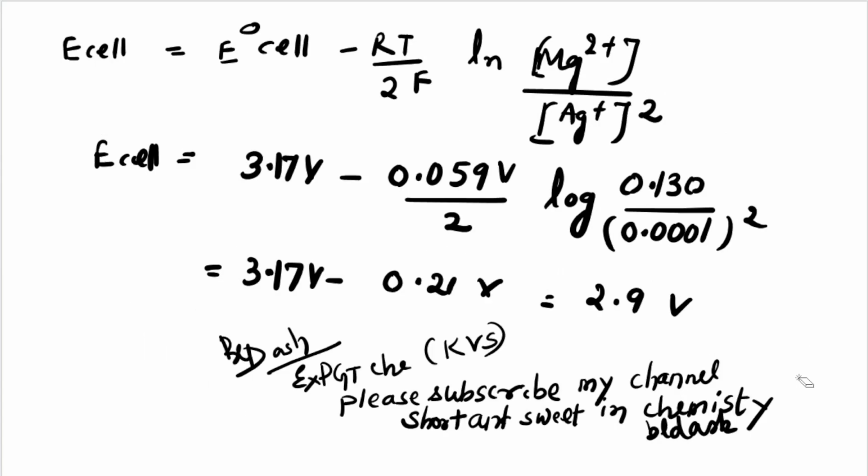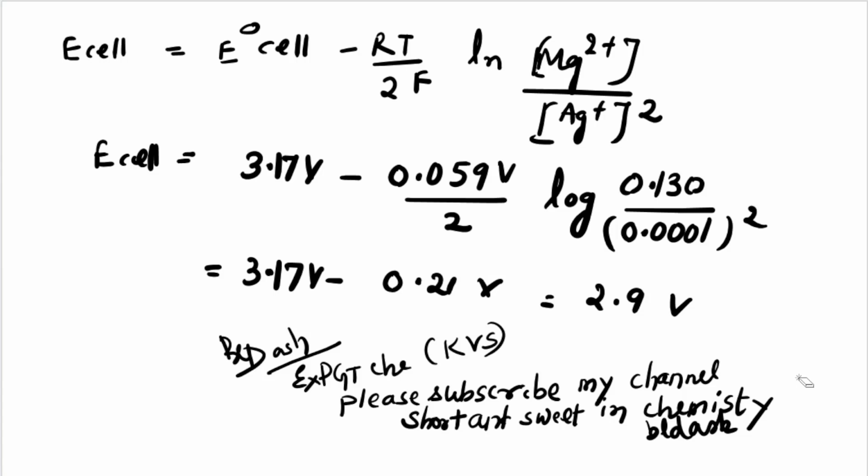Then next, how can you write the E cell according to the Nernst equation? E cell, the electrode potential of the cell, that is called cell potential, equals E0 cell, the standard electrode potential of the cell, the value is given, minus RT by 2F.